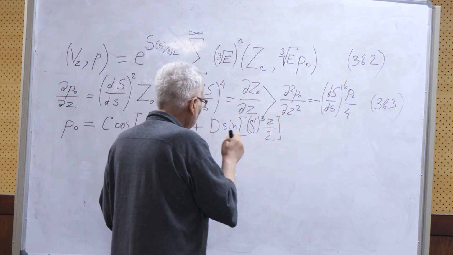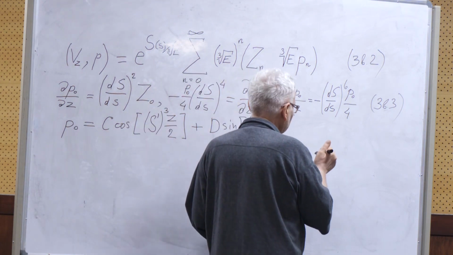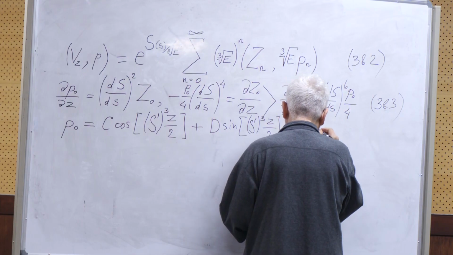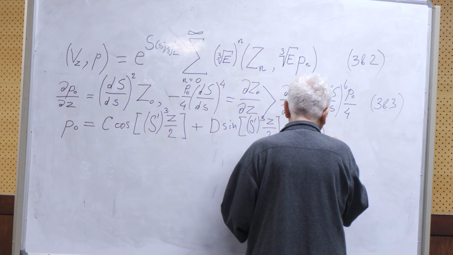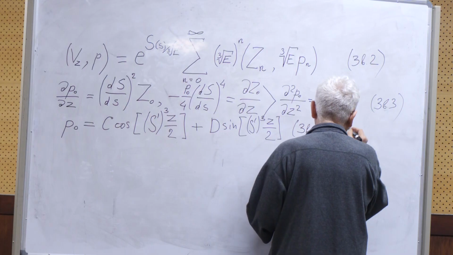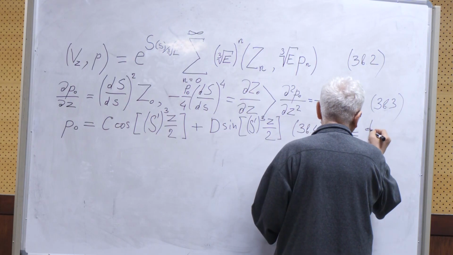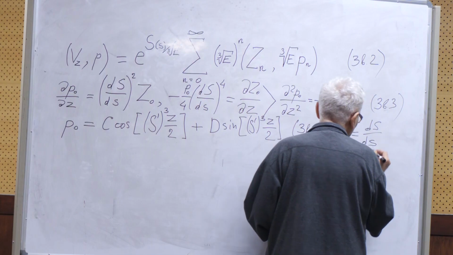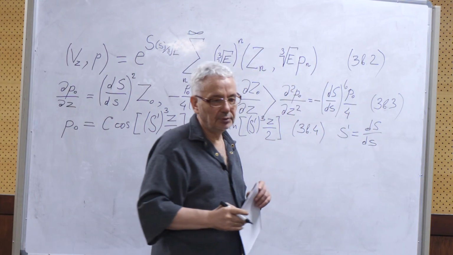And this is formula 3b4. And just to remind you that S prime is simply the derivative of capital S over small s.